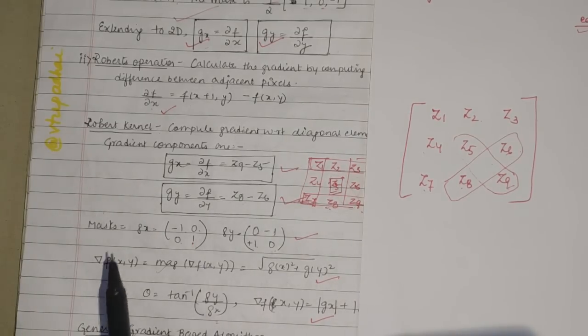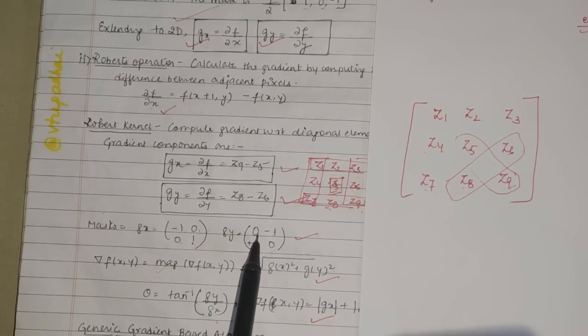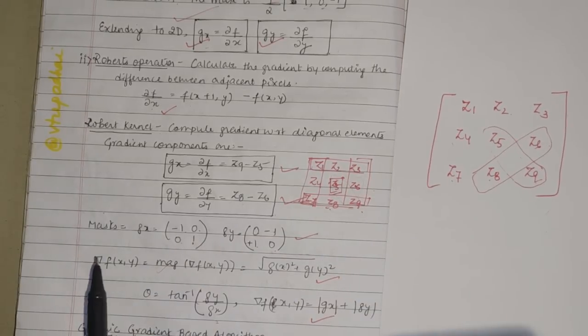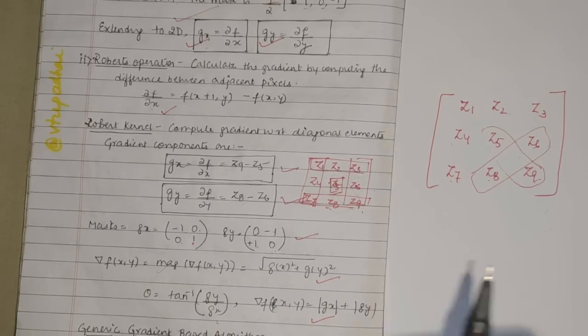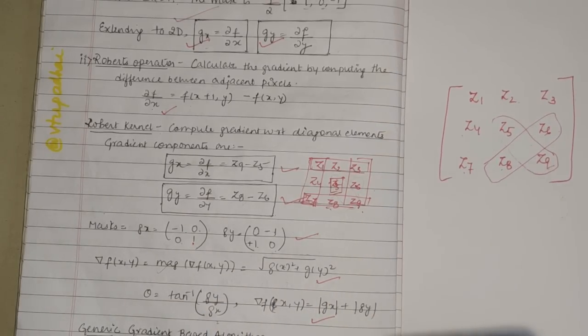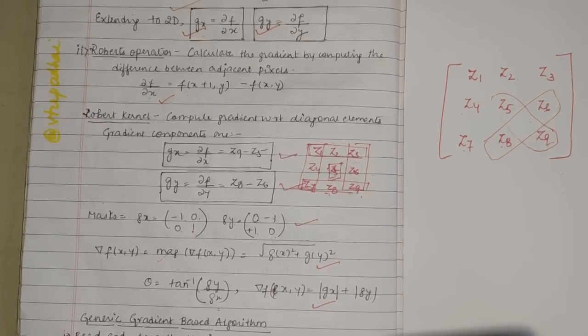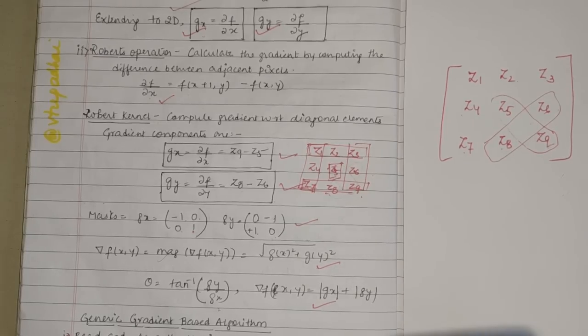The mask for gx is minus 1 1 0 0, and for gy it is 0 0 minus 1 and 1. Then the magnitude of dou f of x comma y is the square root of gx whole square plus gy whole square. Theta is equal to tan inverse of gy upon gx, and the absolute value is represented by mod of gx plus mod of gy.